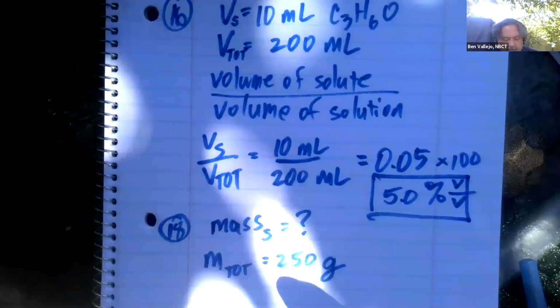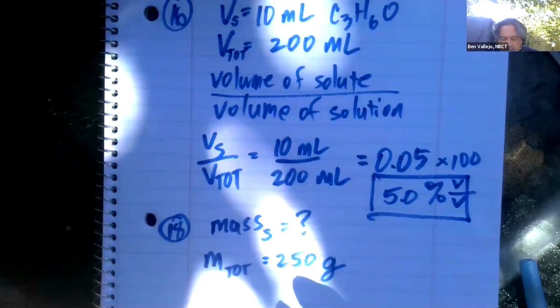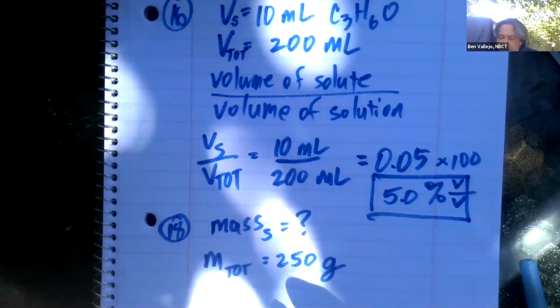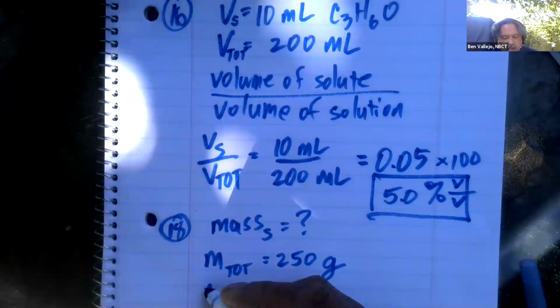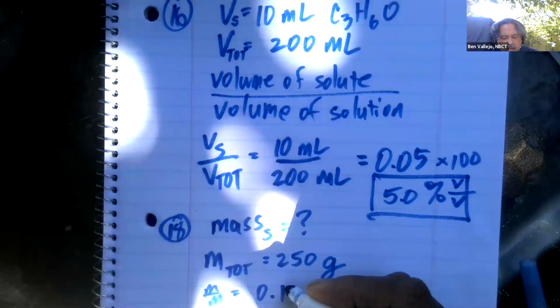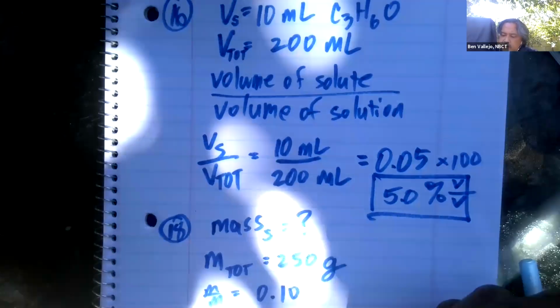Oh, I didn't write that down. The percent by mass, which I bet they call M over M, is going to be 0.10.